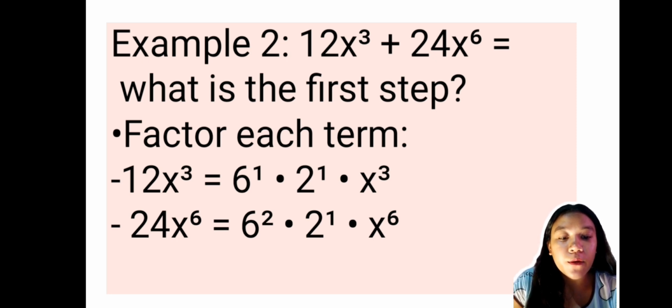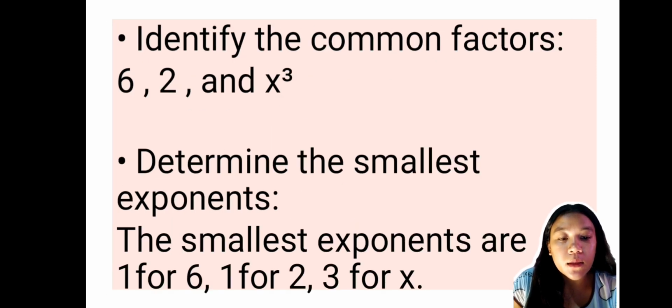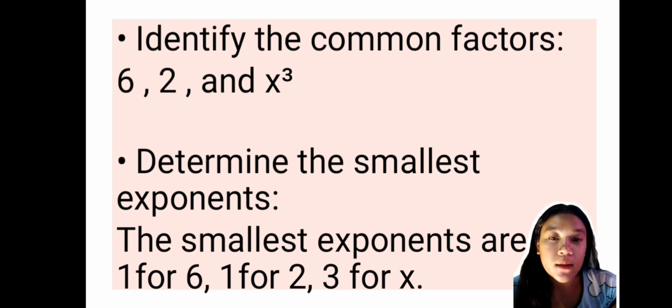Then the factor of 24x raised to 6 is 6 squared times 2 raised to 1 times x raised to 6. The second step is identify the common factor. What is the common factor? The common factor is 6 and 2 and x cubed.